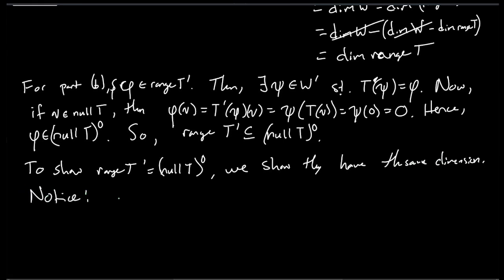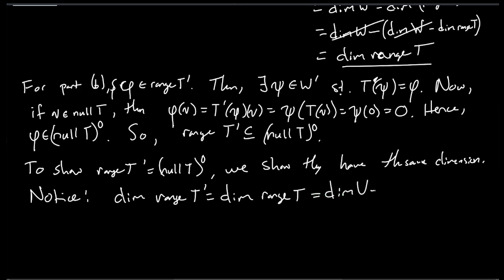Notice the dimension of the range of T prime. Well, we know what that is. It's the dimension of the range of T. Just proved that right up here, the first part of this proof. All right. But I know what the dimension of the range of T is. It's the dimension of V minus the dimension of the null space of T.